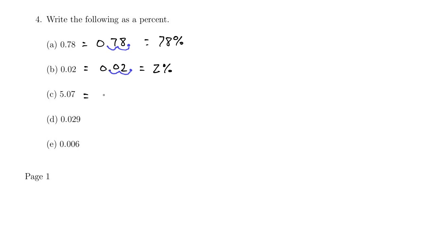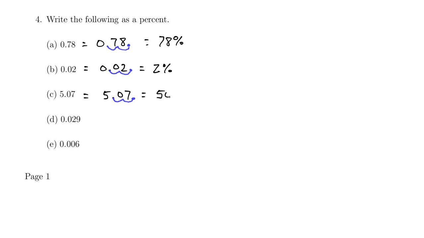Right. Part C, we've got 5.07 or 5 and 7/100ths. I'm going to move the decimal 2 places to the right. 1, 2. New decimal is going to be right there. So as a percentage, this is going to be 507%.